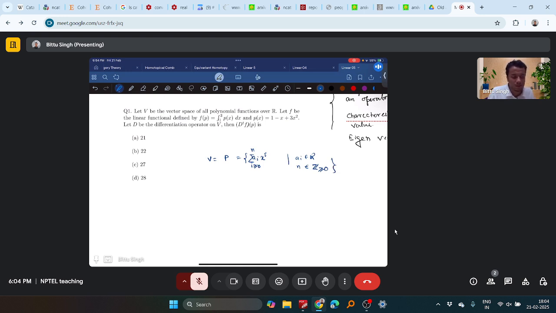So this is our vector space. Now we need to find D transpose f applied on p.